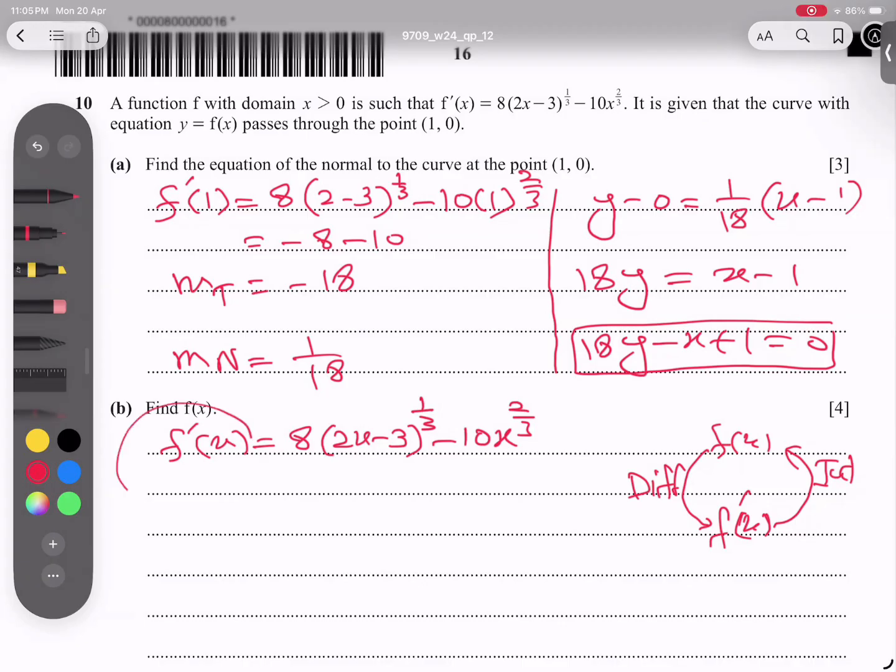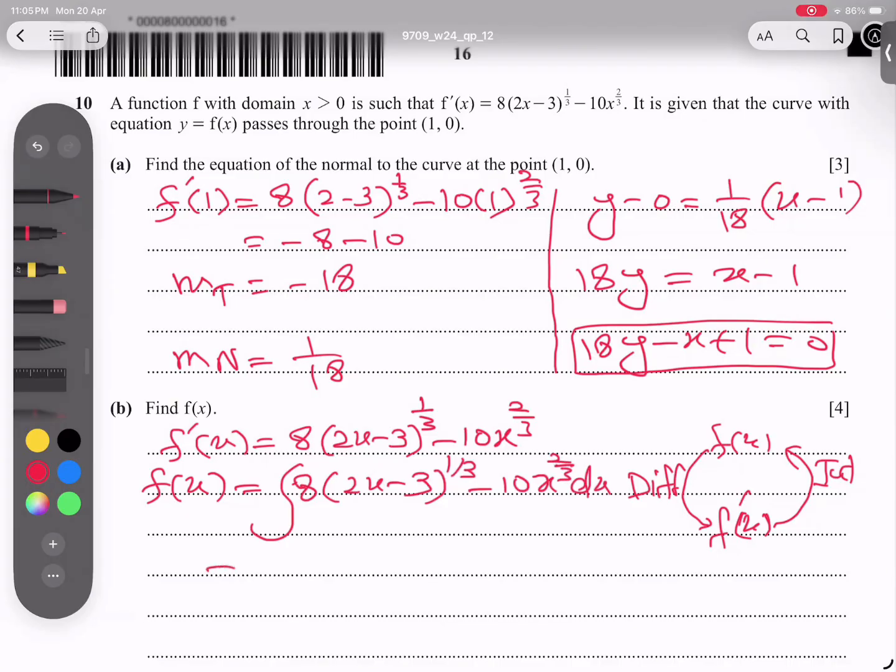Okay, we are going to integrate. When we integrate this, we get directly f of x. Here I'm doing integration. I can do integration separately, or directly even. So this is 8 times (2x minus 3) to the power 1 over 3, minus 10 x to the power 2 over 3, dx.